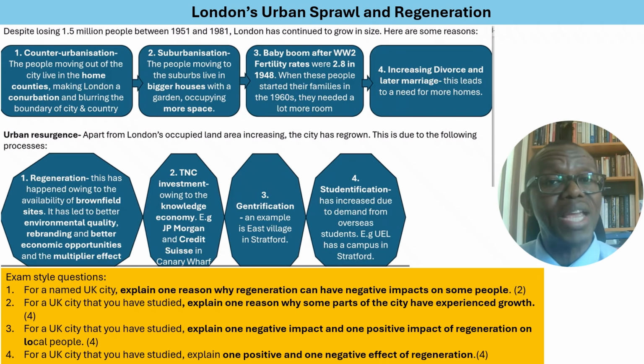Now that provided an opportunity for new buildings, whether that be in the form of housing or shopping centers or other infrastructure within these areas. And obviously it provided an opportunity to rebuild afresh and to have a lot more planning and thought put into the infrastructure and buildings that were going to come up. And that has caused the resurgence of London.